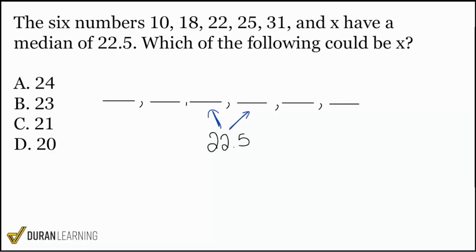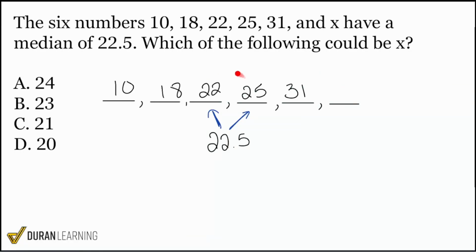Let's go ahead and place these numbers where we can. We have 10, 18, 22, 25, and 31. So I'll go ahead and throw these around. Let's go ahead and just say we have 10, 18, 22, 25, 31, and then let's say we have X. So everybody, the way things are right here as is, you tell me, if we had 22 and 25 in the middle, so like let's assume that X was something like 31 or bigger, so it's all the way over here.